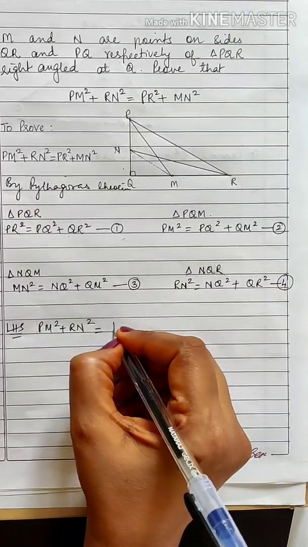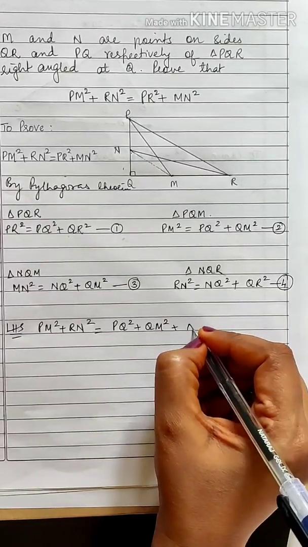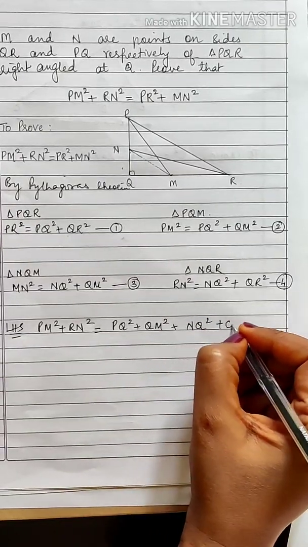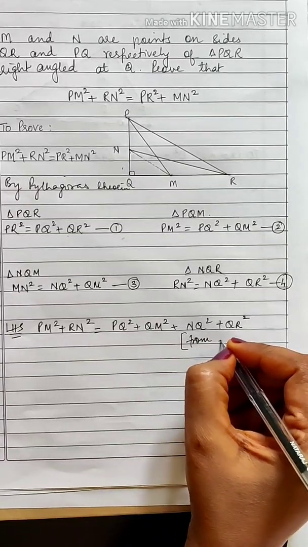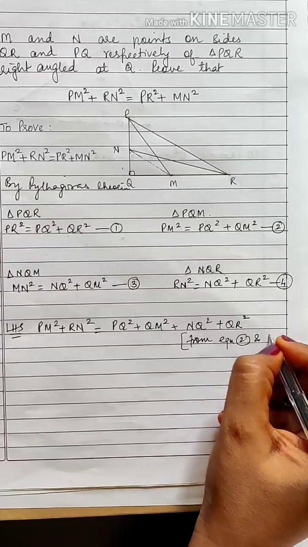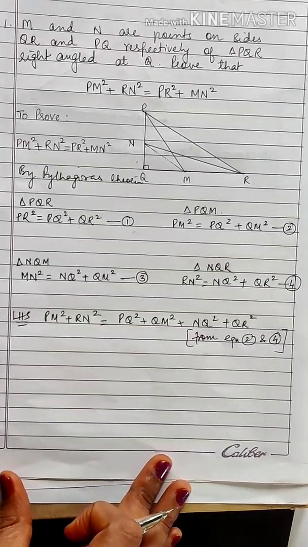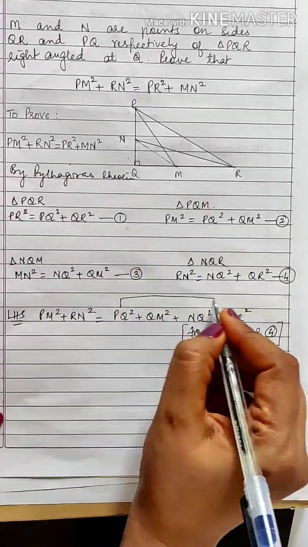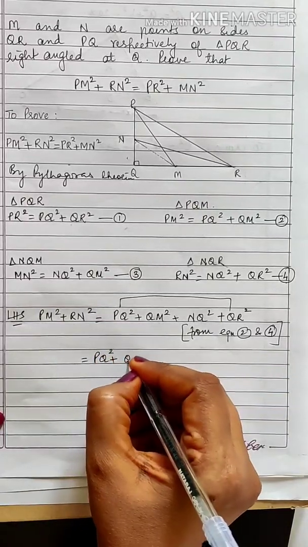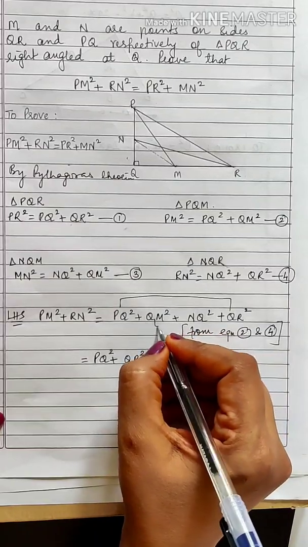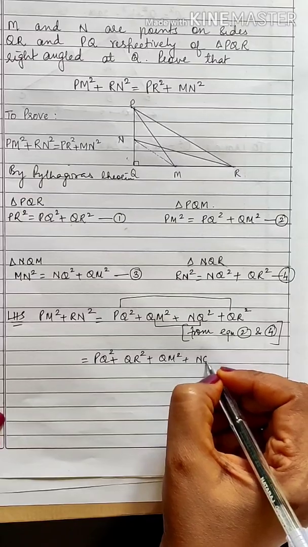So you get PQ square plus QM square plus NQ square plus QR square. Now we can club few terms, PQ square and QR square, and these two, that is QM square plus NQ square.